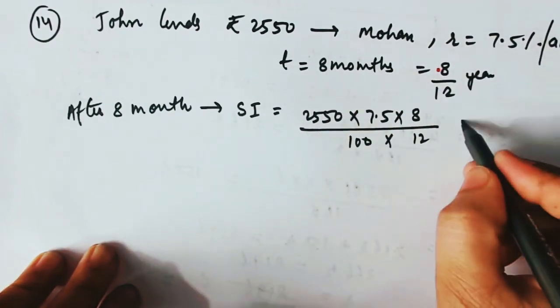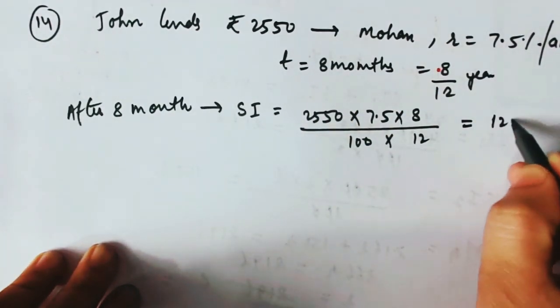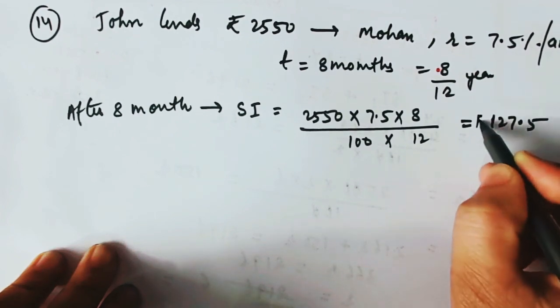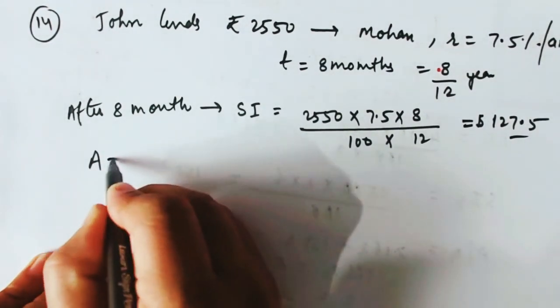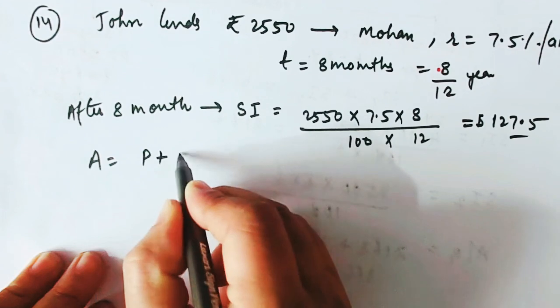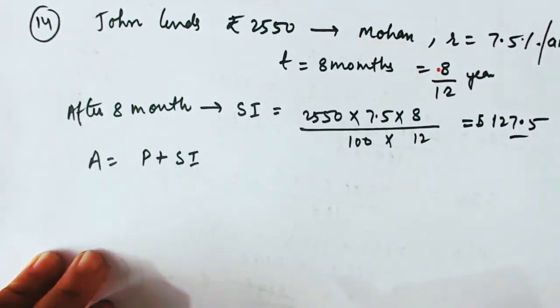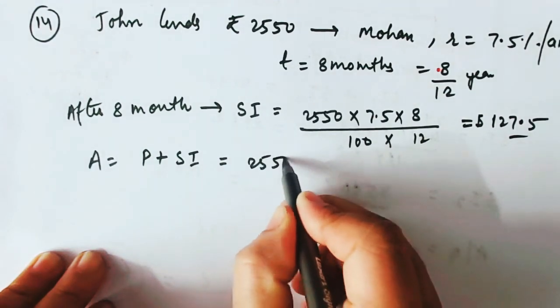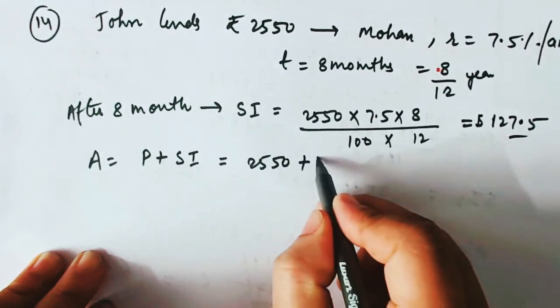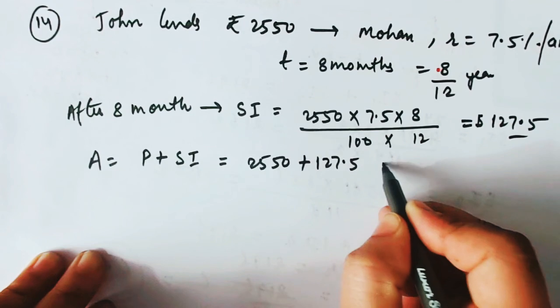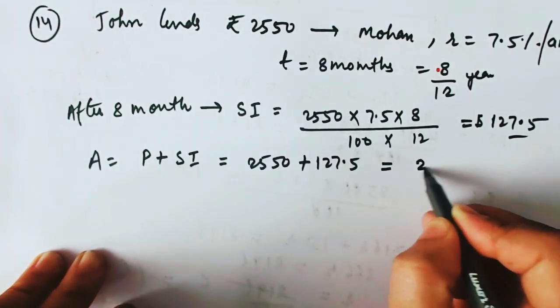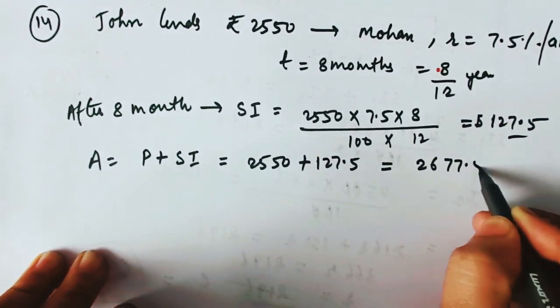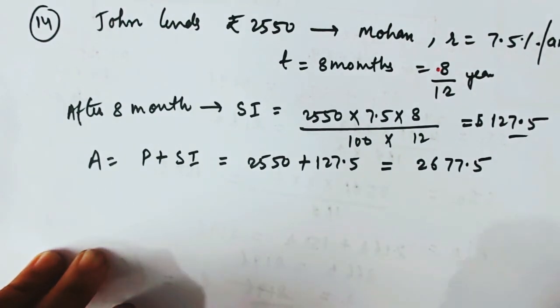When you solve this, you will get the simple interest as 127.5 rupees. This means your amount is equal to principal plus simple interest. The principal is 2550 and the simple interest is 127.5, which gives 2677.5. This is the amount.